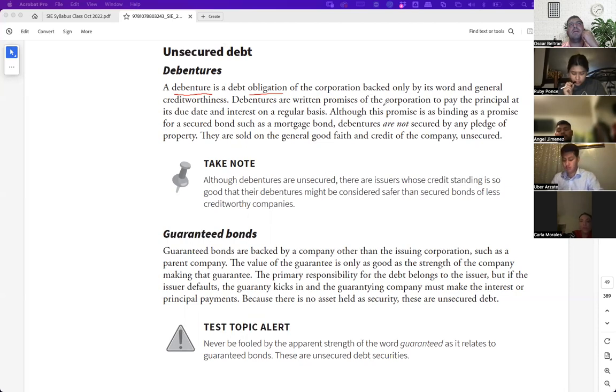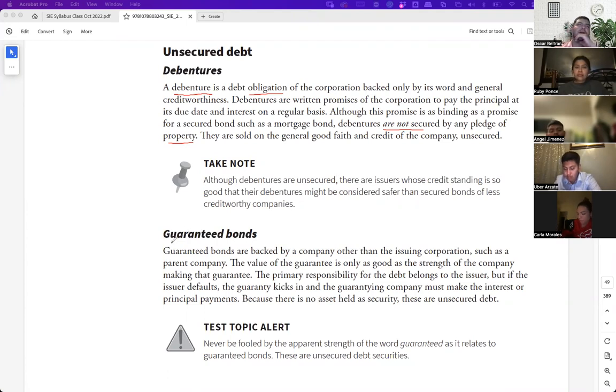Debentures are written promises of the corporation that they're going to pay back the principal on its due date and interest on a regular basis. They're not secured by any pledge of property. A good example of this would be the federal government, bonds, treasury securities, that kind of stuff. They're backed by the good faith and credit of the US government and their ability to tax.